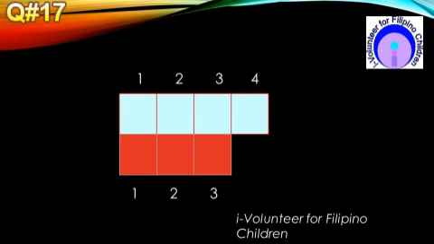Number 17. What fraction names the red squares? The answer is 3/7.